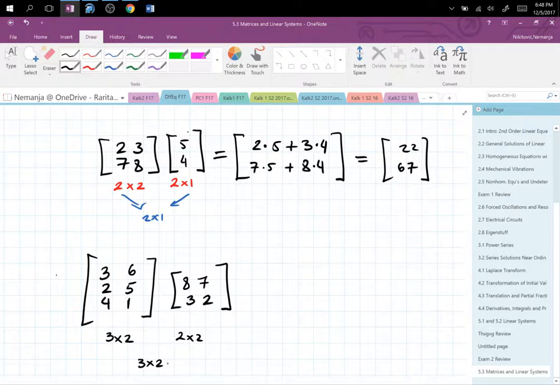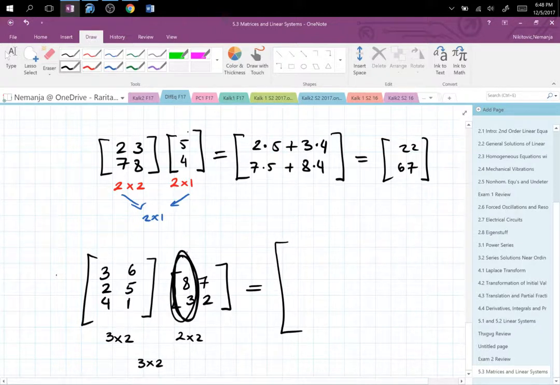So what I'm going to do is take 8, 3 and put it over 3, 6. So I have 3 times 8 plus 6 times 3. And then I'm going to go 1 row down and have 2 times 8 plus 5 times 3.